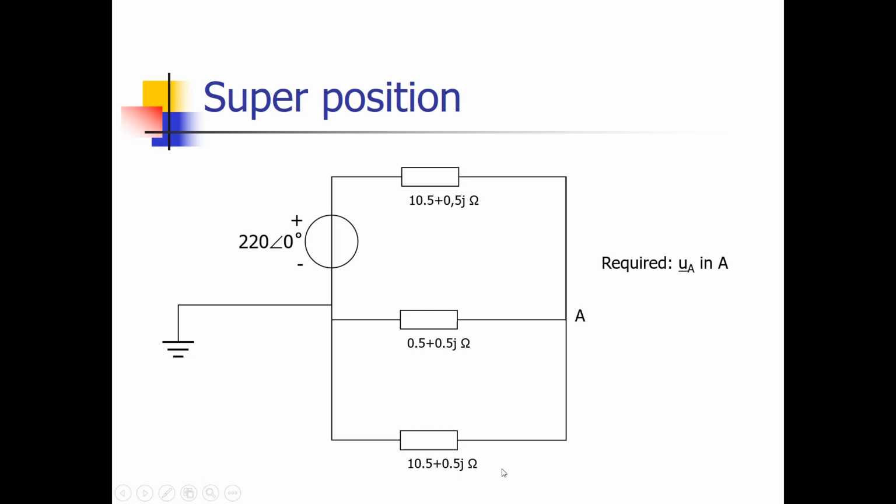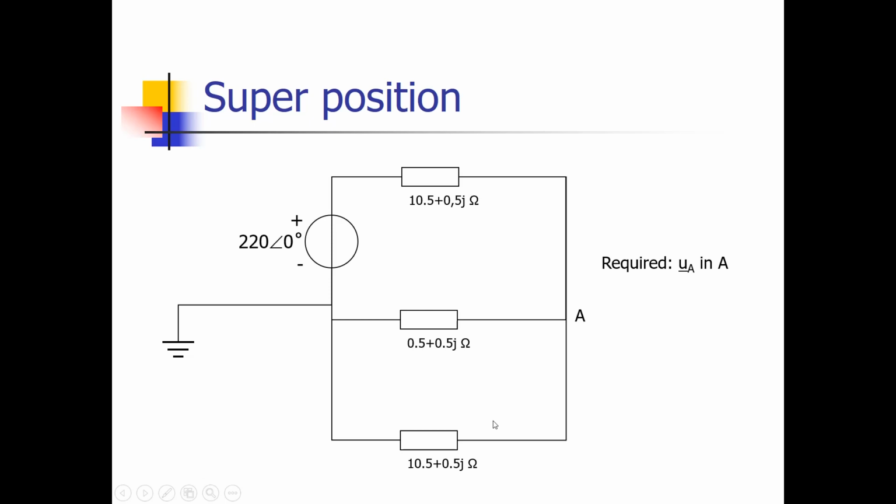But this complex impedance has a numerator and a denominator. And when we want to write it down in a complex form of only one real part and one imaginary part, we have to multiply numerator and denominator by the complex conjugate of the denominator. And that is the same real part with the negative imaginary part.